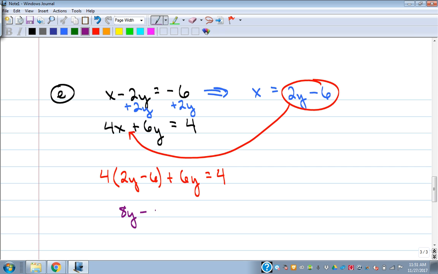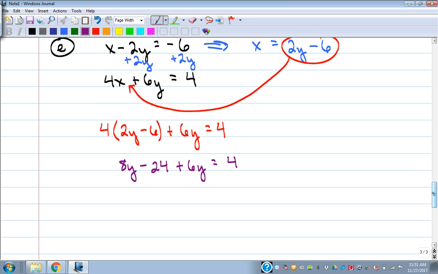8y minus 24 plus 6y, still equal to 4. 8y plus 6y, 14y minus 24 equals 4. Next step.